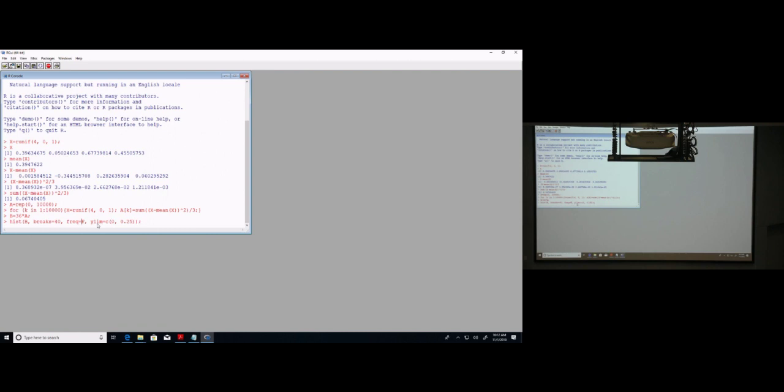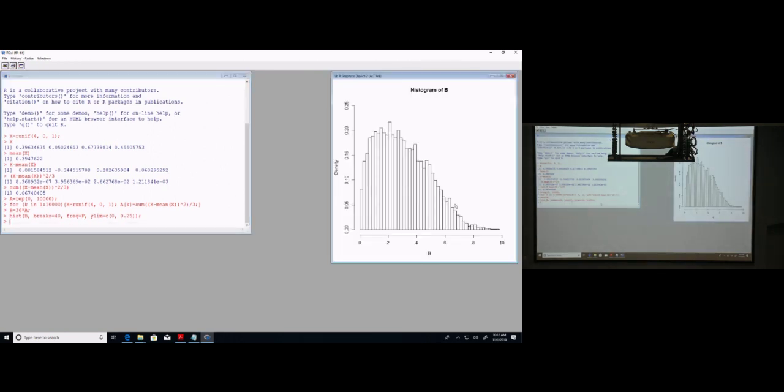When I say frequency equal to false, it means that if you don't say it, the default would be counting the actual frequency, how many times out of 10,000 the number you get falls inside a bin. So they would give you an absolute number rather than a relative number. I want a relative number, because I want the proportion. So this is how it looks.